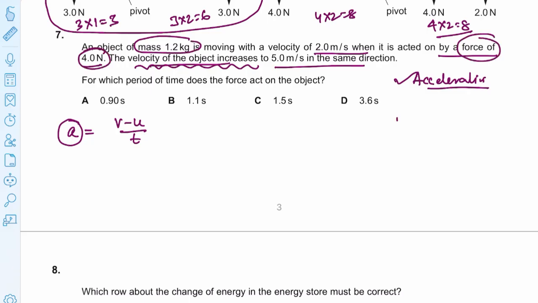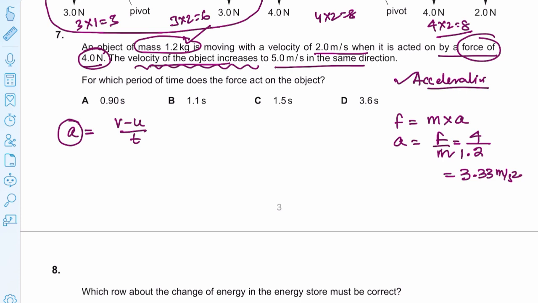Because we know the formula F equals mass times acceleration, and acceleration equals force over mass, right? Force is given 4 Newton over mass 1.2 kg. If you put the values in a calculator, you might get 3.3 meters per second squared. Got it, everyone, clearly? Yes.